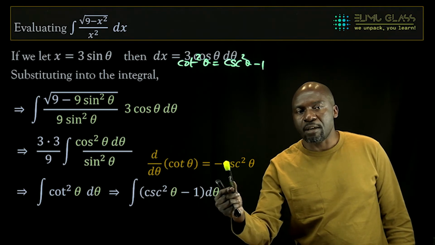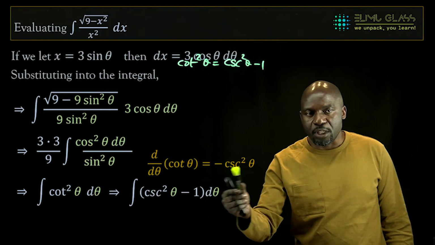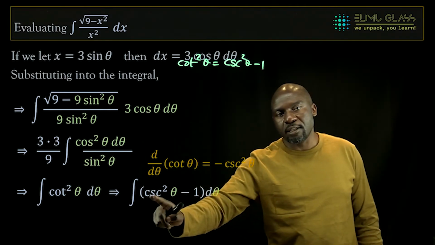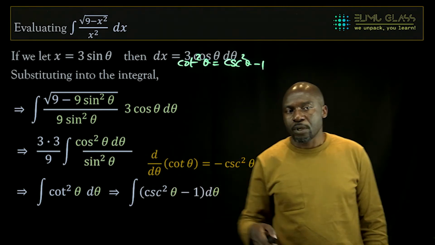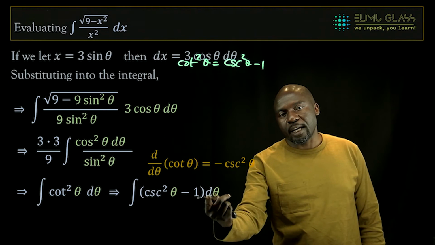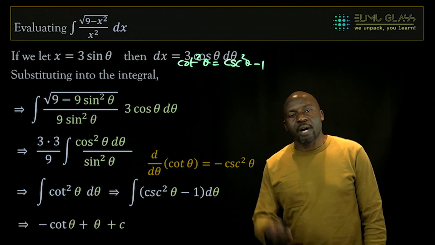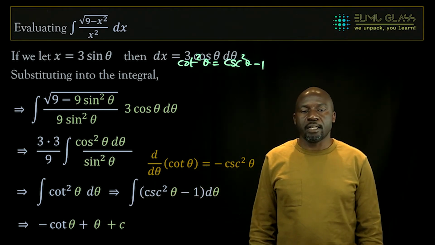So if this is negative, then that is positive. But if this is positive, then that must be negative, which is to say that the integral of this is going to be negative cot of theta. The integral of 1 d theta is just theta. So therefore, my answer for this is negative cot theta plus c.